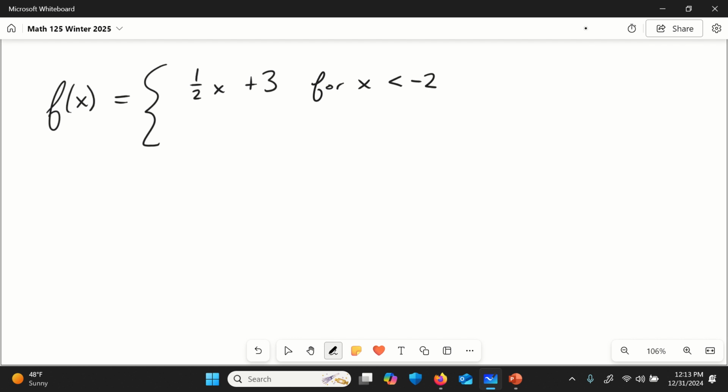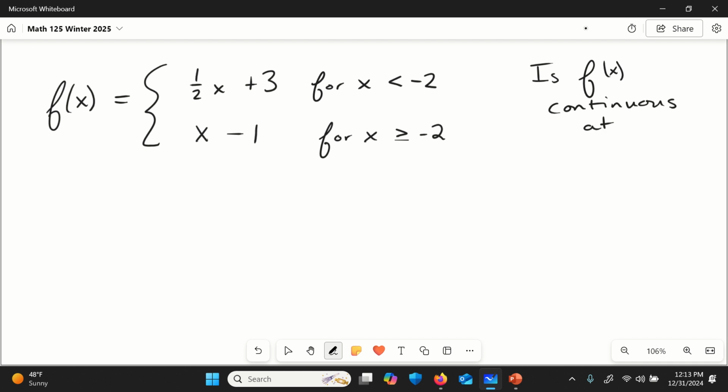And then a different rule is x minus 1, and that rule is valid when x is bigger than or equal to -2. So the question is, is f of x continuous at x equals -2? So at that point where we switch rules, is this function continuous?